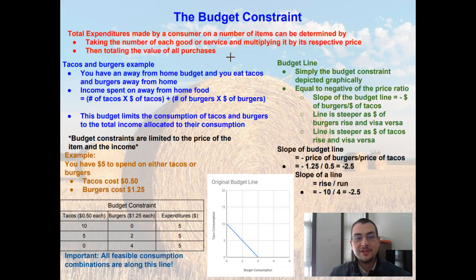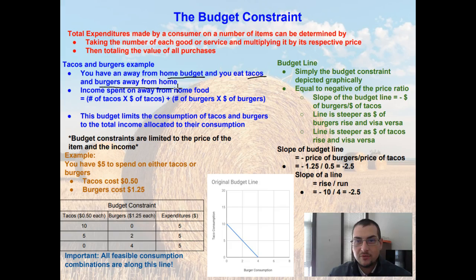So let's compare it back to the taco and burger example. We're going to use a taco and burger example whenever we're talking about the budget constraint. So let's say you have an away from home budget. You say that I can spend only a certain amount of money away from home, and whenever you do that, you decide that you're going to eat either tacos or burgers away from home, or both.